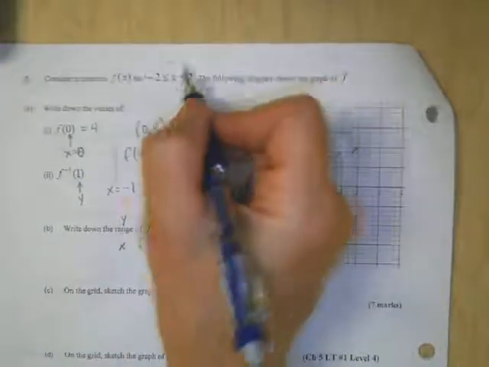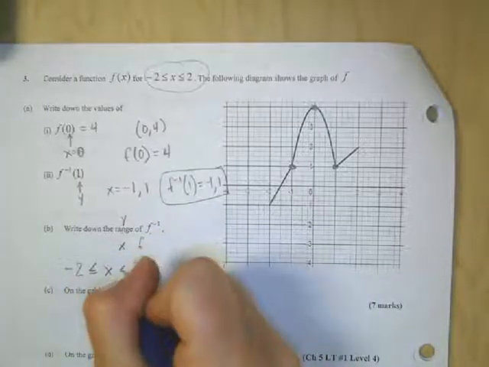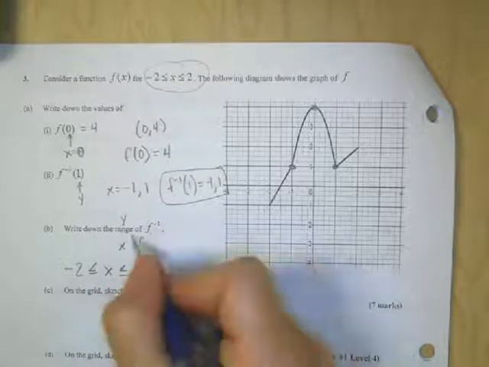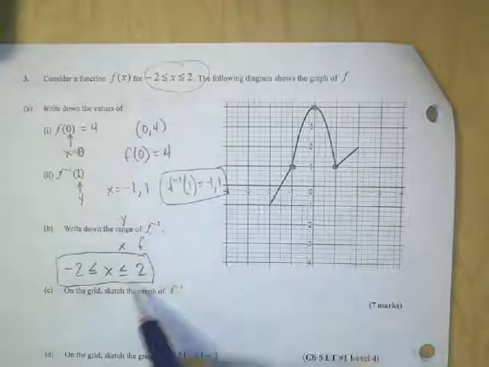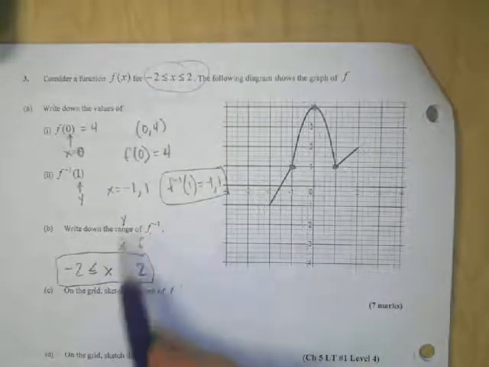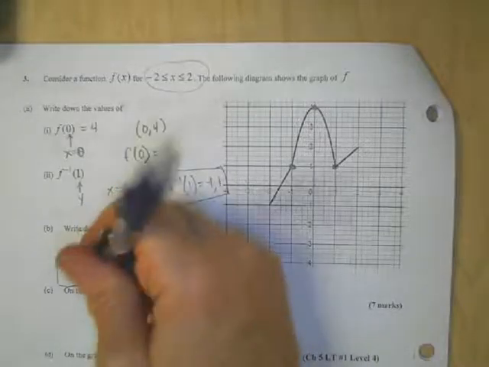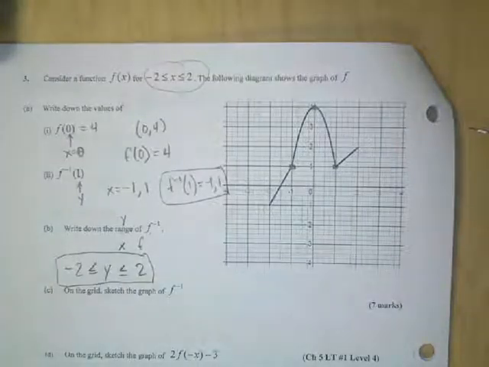This is my domain. So my answer would be the same as what was given to me up here. The range of the inverse function is just going to be the same as the domain of the given function. But since it says range, I'm actually going to change that to a y, because if I am talking about range, I have to say the y values are going to be between -2 and 2.